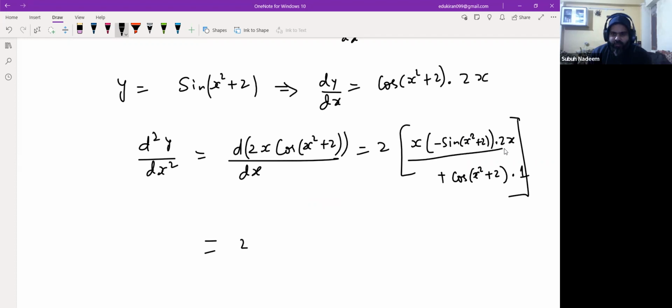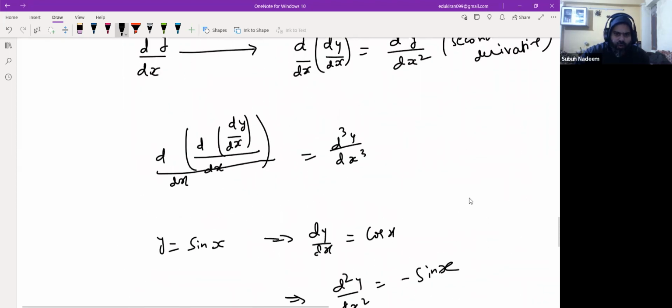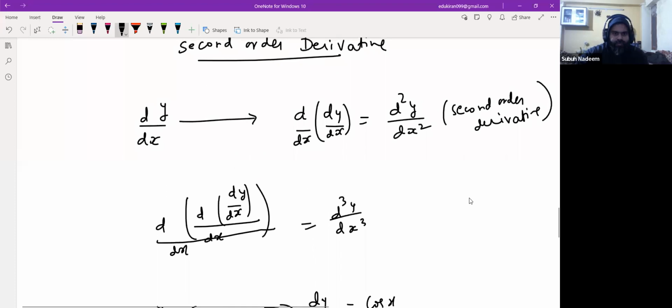Here the first term will give you 2 into 2, 4x square, and a minus sign, sine of x square plus 2, plus 2 cos of x square plus 2. So this is the double derivative. So you can write this from here, second order derivative.